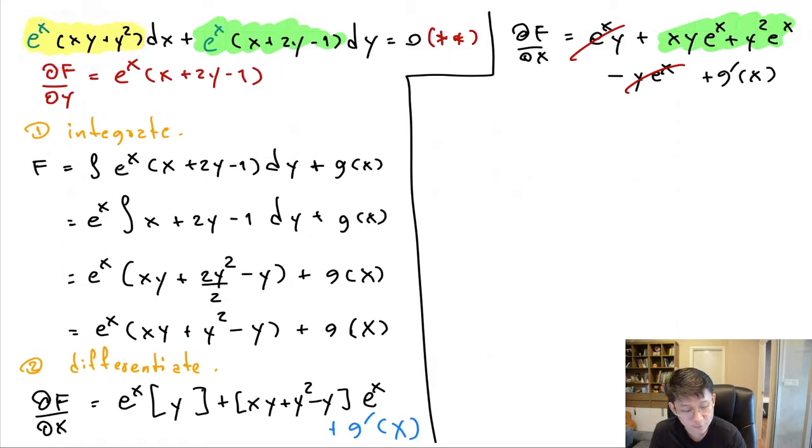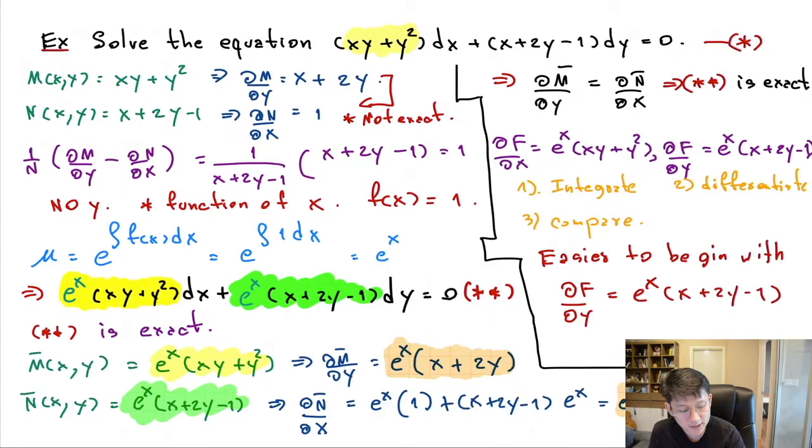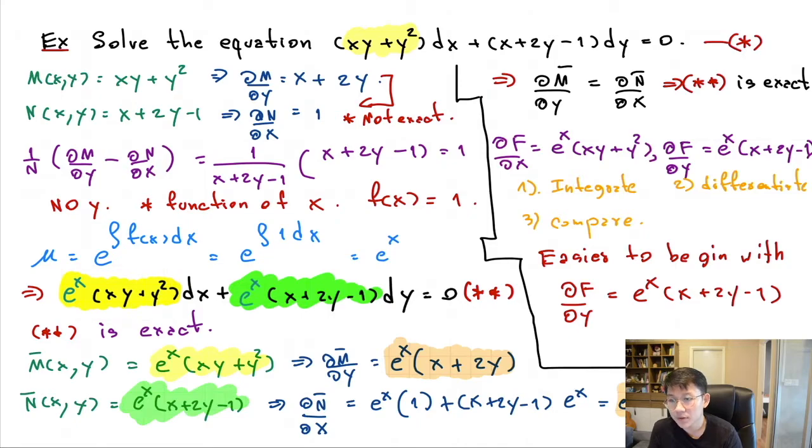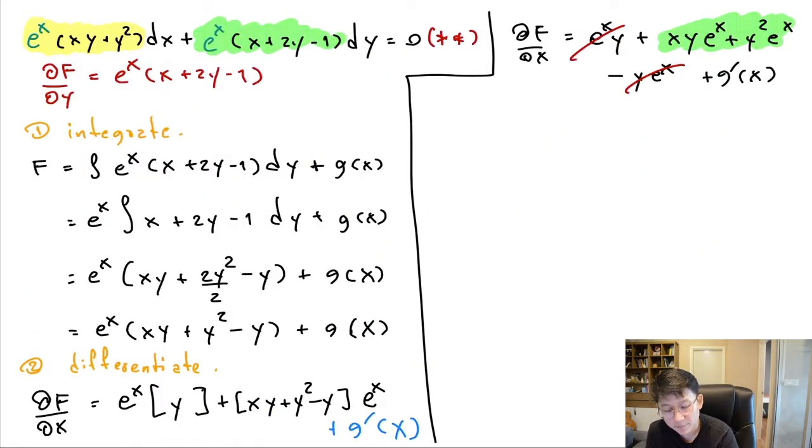If you remember from the previous slide, the df by dx is this guy, which is actually this guy, right? So I need to compare it with here. But as you can see, you have xy e to the x, you have xy e to the x, you have y squared e to the x, you have y squared e to the x.